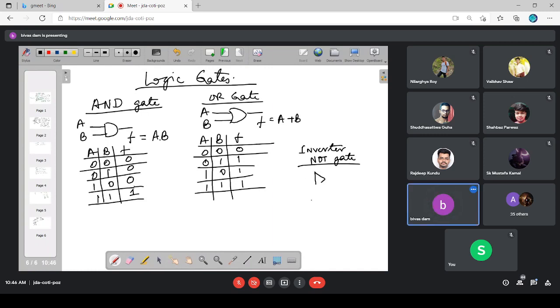Symbol wise, here there is only one single input. There can never be more than 1 input in the inverter or NOT gate. And in the truth table, how many input combinations will be there? Only 2.